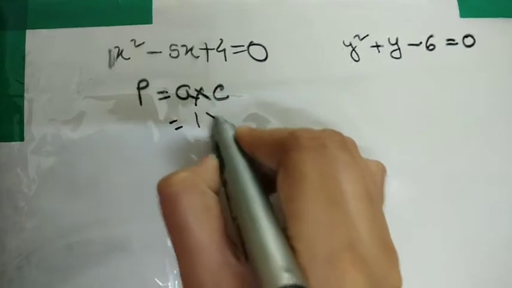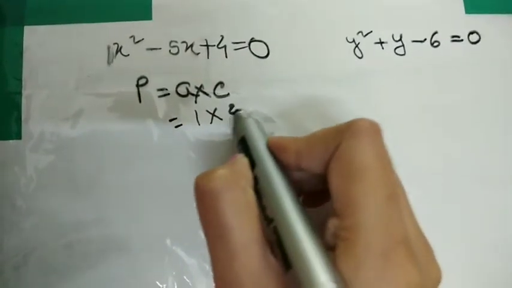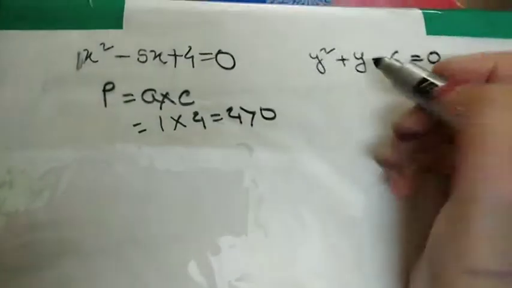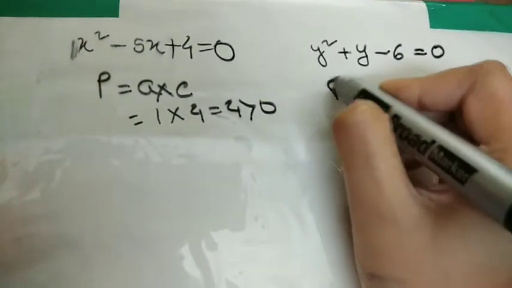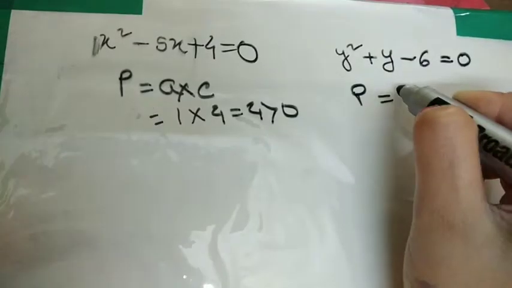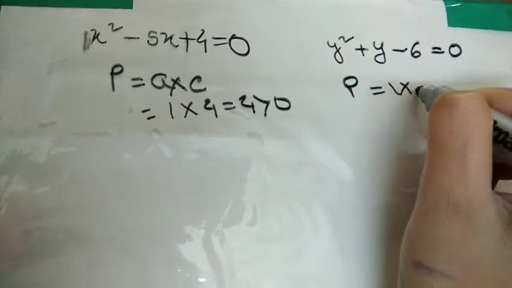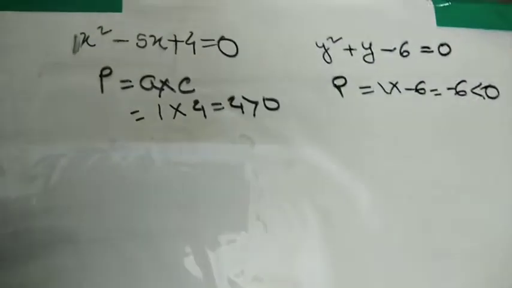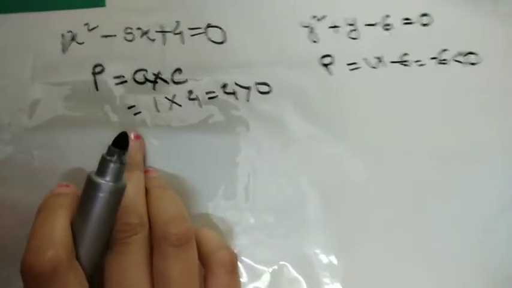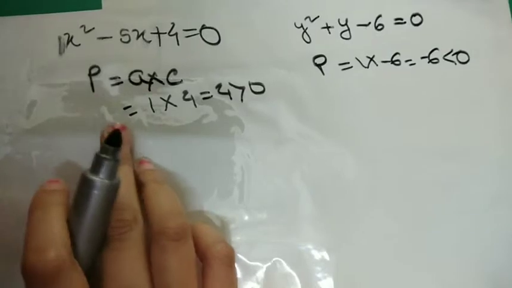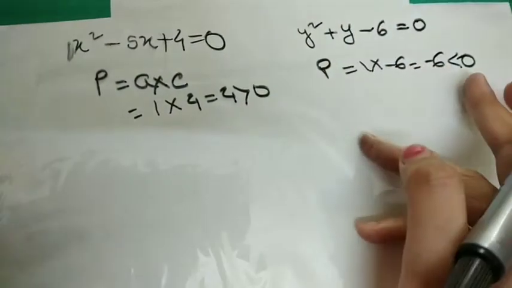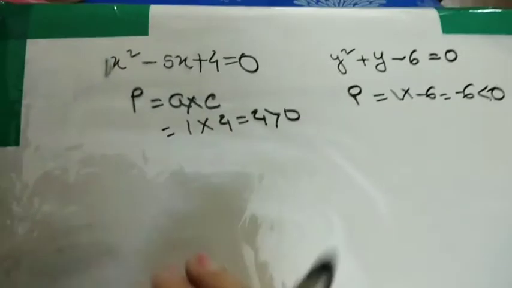Here a equals 1 and c equals 4, which is greater than 0. And here the product is 1 and c is minus 6, equals minus 6, which is less than 0. So what will you do if you get one product greater than 0 and another product of the equation less than 0, then you have to solve it.